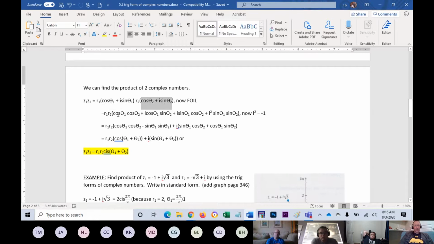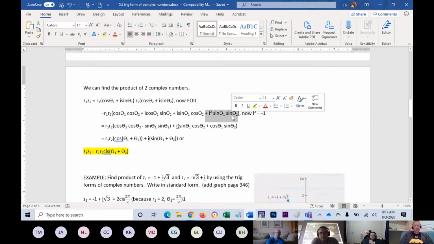So I'm going to have cosine theta 1 cosine theta 2 plus I cosine theta 1 sine theta 2 plus I sine theta 1 cosine theta 2 plus I squared sine theta 1 sine theta 2. Now remember that I squared is -1, so I can turn this into a minus sign.